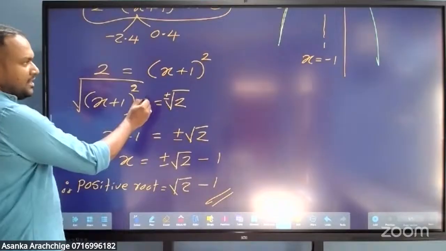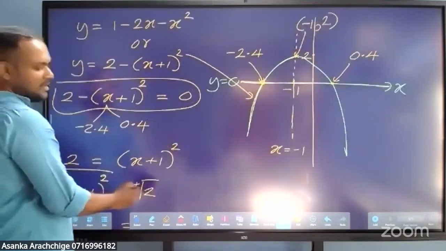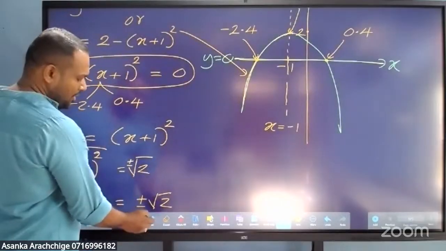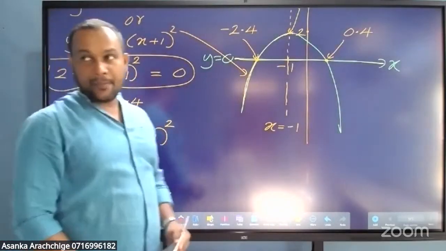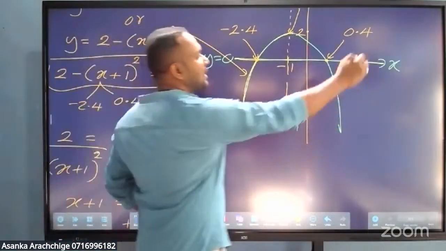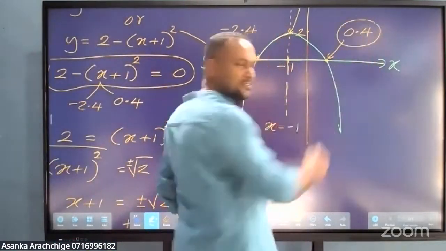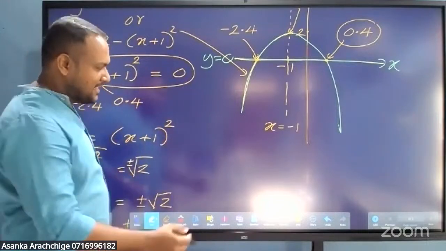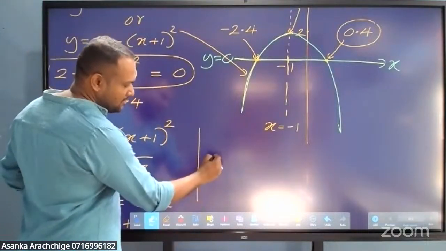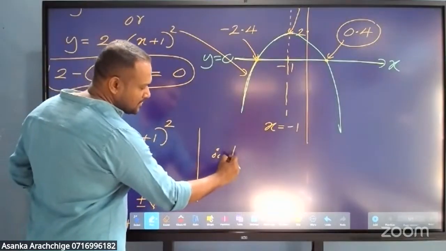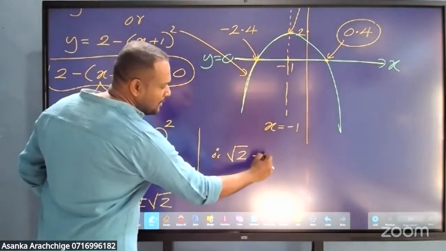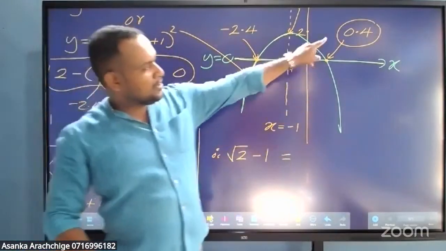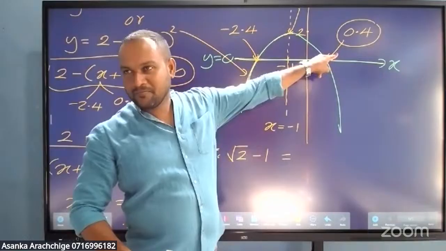But actually, according to our graph, what is the actual positive root? 0.4. Now you can say that therefore square root of 2 minus 1 must be equal to 0.4.